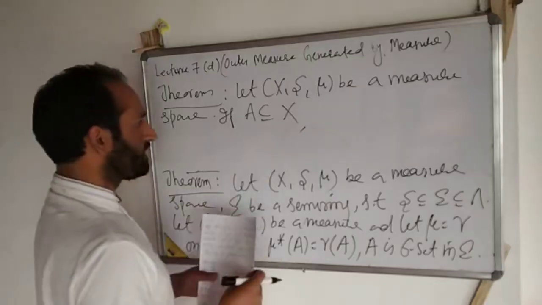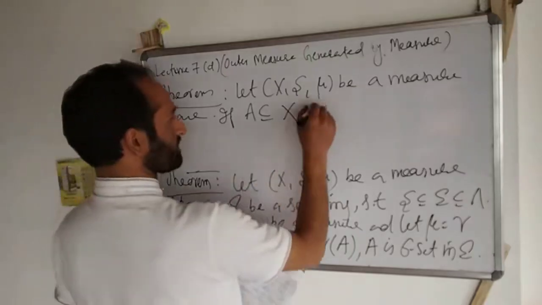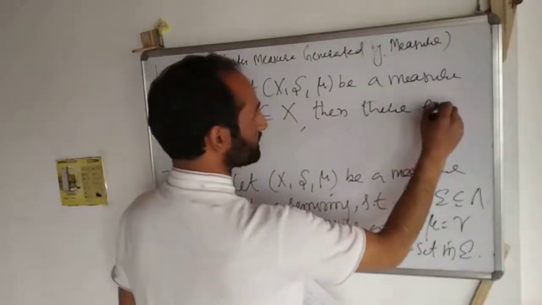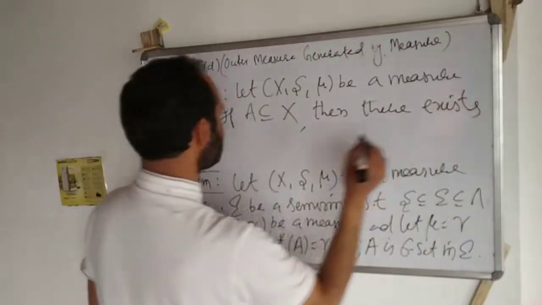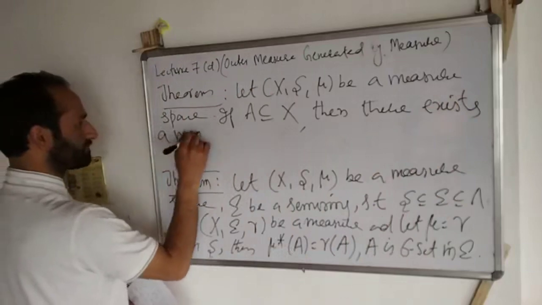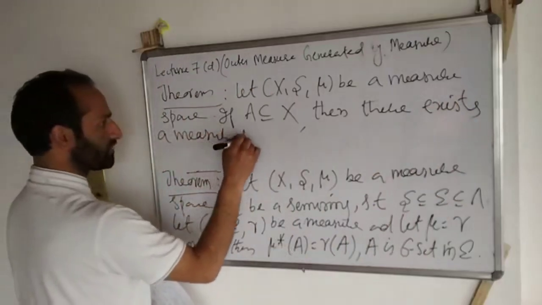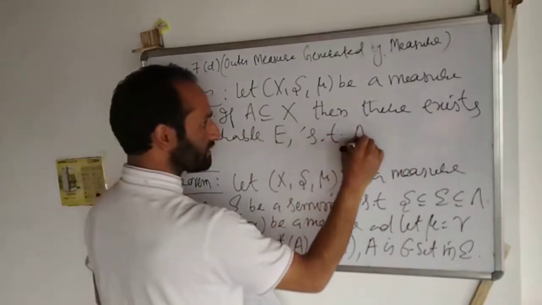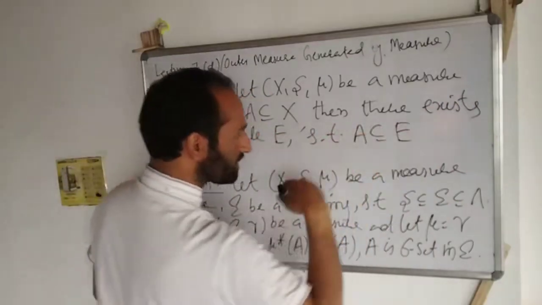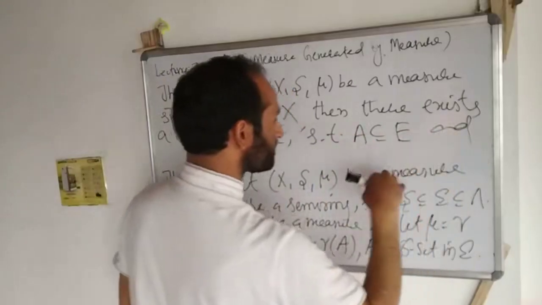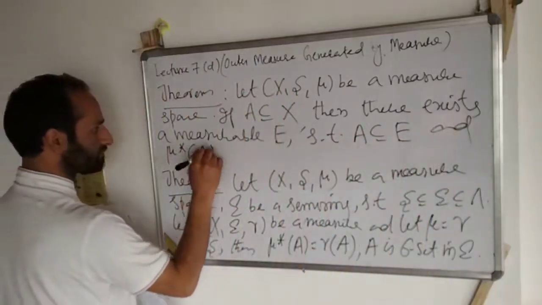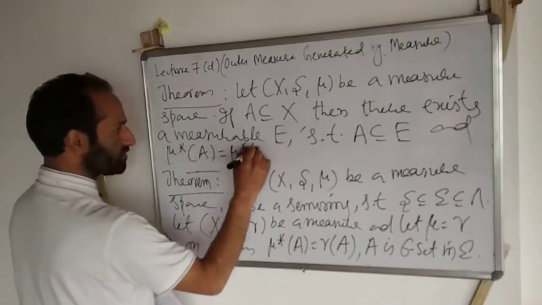A is a subset of X, then there exists a measurable set. A is any subset, but we can always find a measurable set E such that A is a subset of E, E covers A, and their outer measures are the same.